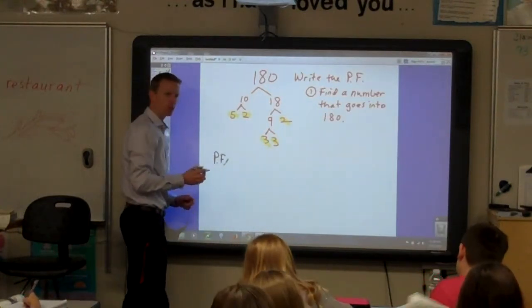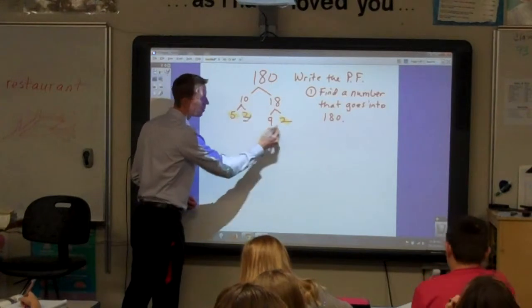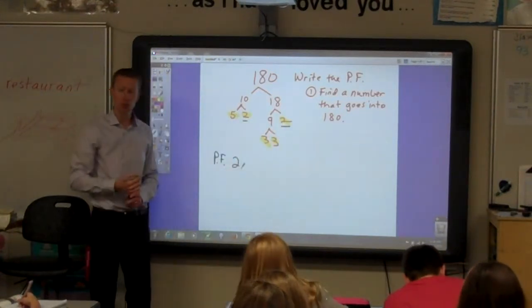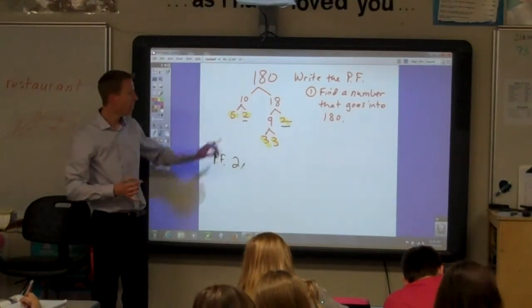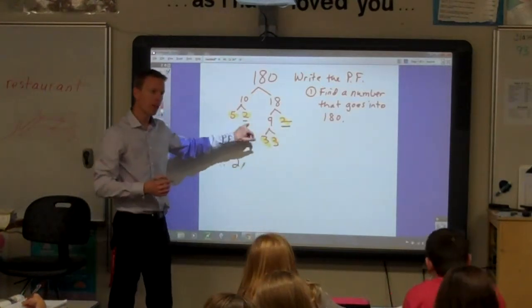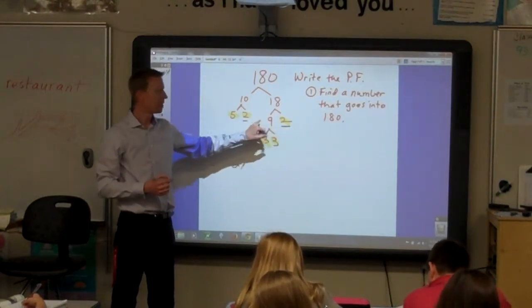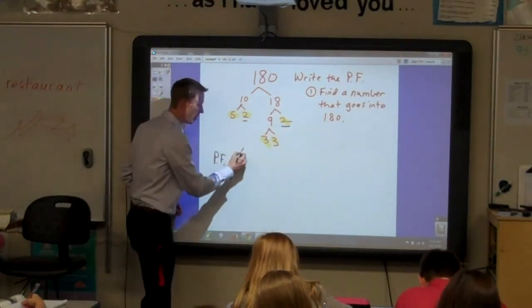Start with the smallest prime number. The smallest prime number in the formula is 2. Then, write the power of the number that's used. Since there's 2 of these, the power is 2.